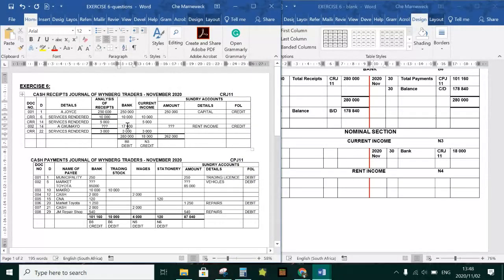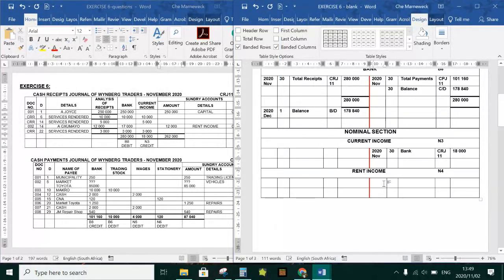So if the total of bank is those two amounts added together, 17,000 minus 5,000 will give me 12,000. So rent income is 12,000. So credit side, 2020, November 30th. Bank CRJ 11, and it is 12,000.